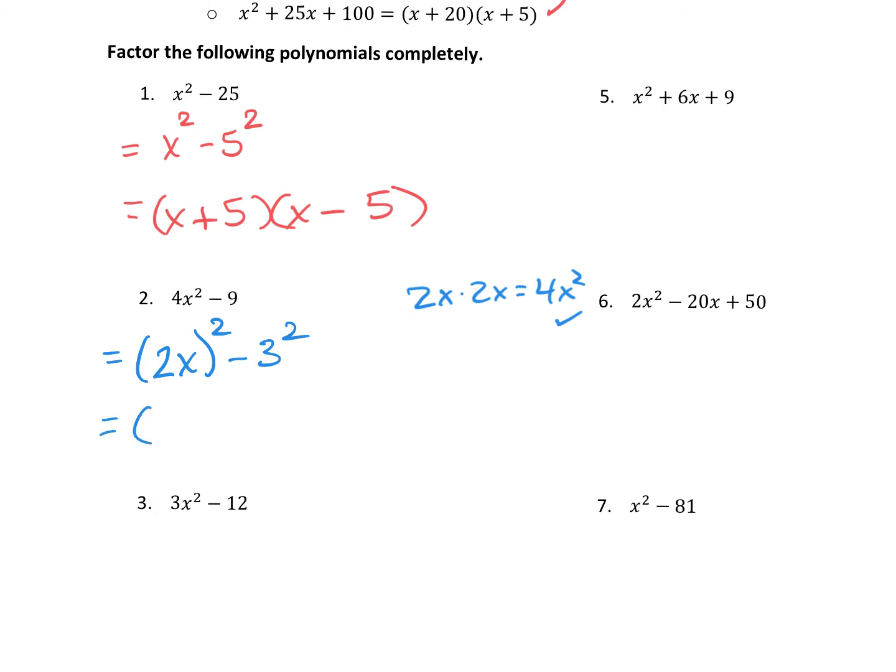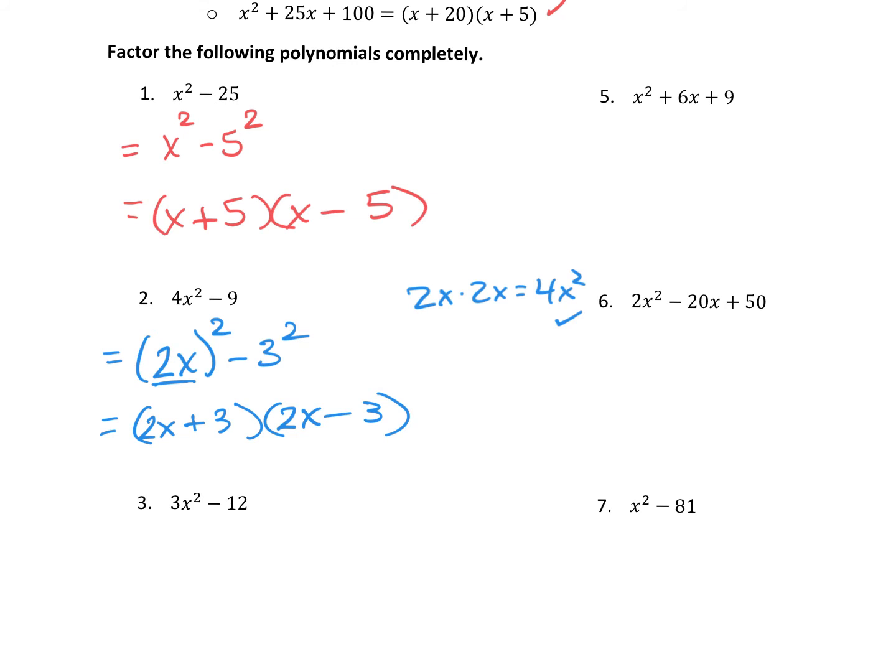Now when we write those, we put our parentheses, we put the first base in each spot, and now notice it's 2x, everything that's in the parentheses, one of each sign, and then keep those 3's. We can FOIL this. 2x times 2x is 4x squared. 2x times minus 3 is minus 6x, plus 6x, those add to 0, and then minus 9. And so we continue in that way.